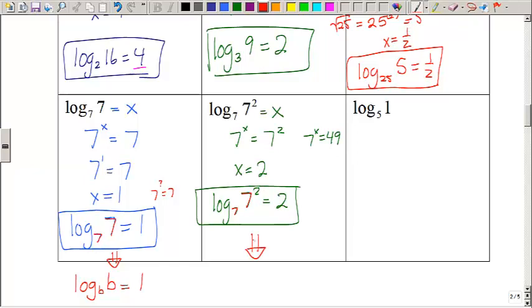This problem can be generalized to a rule, and the rule says log base b of b to an exponent, we'll say r. The log base b and the exponent base b essentially cancel each other out, and I'm just left with my exponent r.